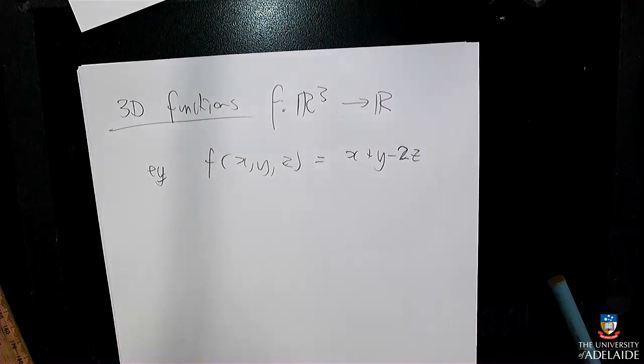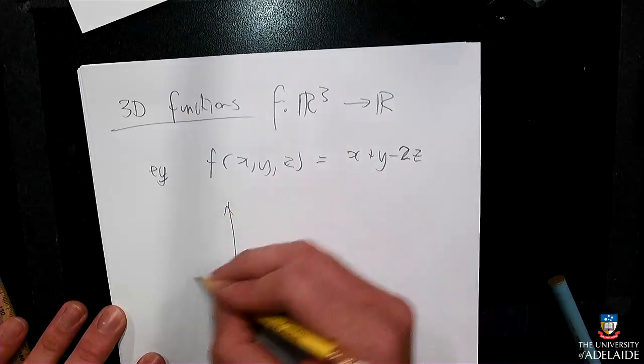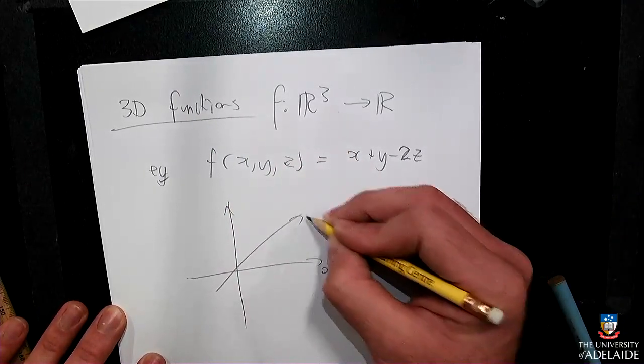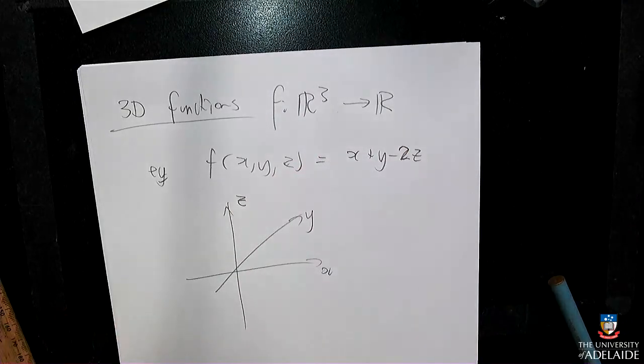What if we were trying to imagine a 3D function and we had f of x, y and z is this calculation? With that one, I'm not going to be able to imagine it as a graph the way I do with the 1D and the 2D functions. But I can imagine it in both of the other ways. So I can imagine that here in 3D, now the z is not an output, it's just one of the inputs.